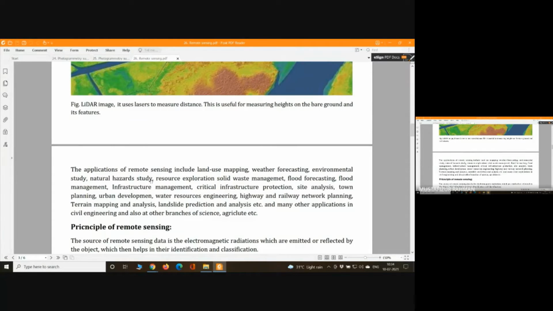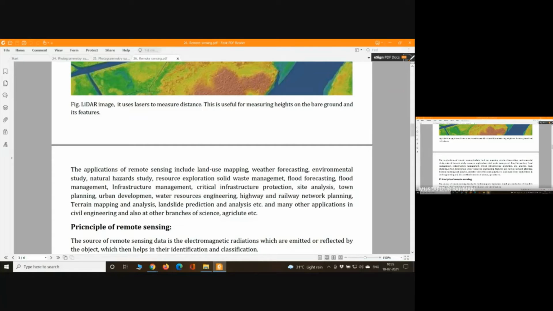Whether minerals are there or not can also be studied to some extent. It is used for urban development planning, highway routes, and railway network planning, from where to where to connect. It can also give us ideas of contours, so we can plan for flood forecasting, etc. All these things can be done depending upon the map we are producing.